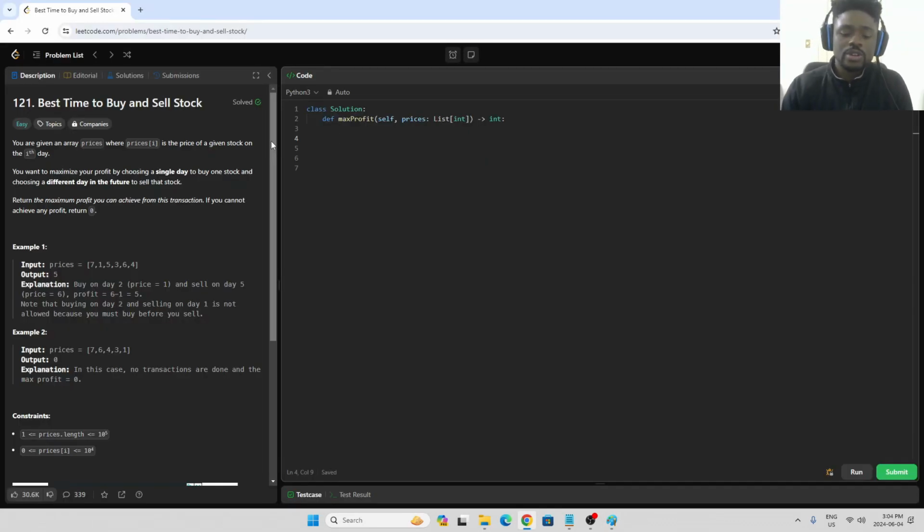So for this code, what we need to do is have a max profit value to keep track of the maximum profit attained. And we need 2 pointers, a low and a high pointer for our sliding window. So now we want to go while high is less than the length of our prices.